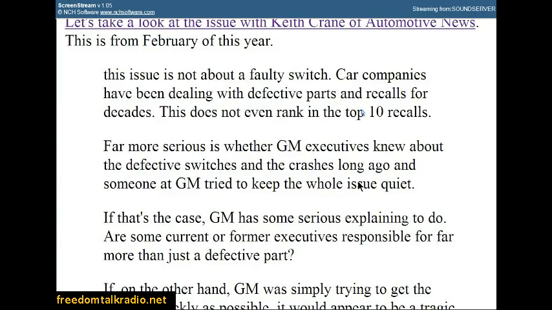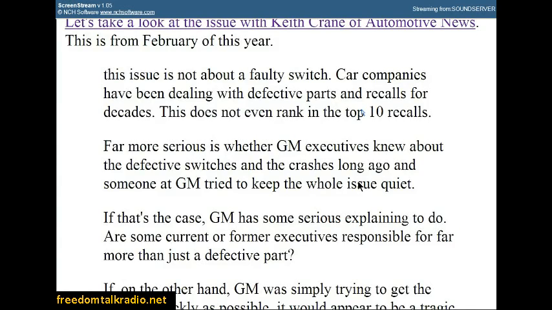Because I guarantee you, it is my opinion that if the public had become aware of the extent of this problem and the number of people that were having injuries and dying from this, and that General Motors had been keeping it under wraps, there would have been such a hue and cry that General Motors would have been allowed to cease existence at that point.